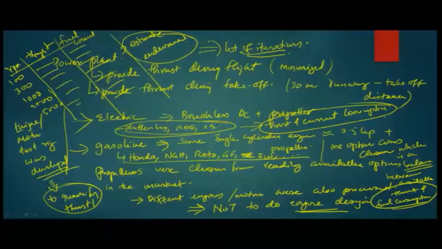So the aim here was to maximize the life of the battery, and for the gasoline engine to carry the minimum fuel but gain the maximum endurance. Once this was done, we can talk about fuel tank choice or battery choice.